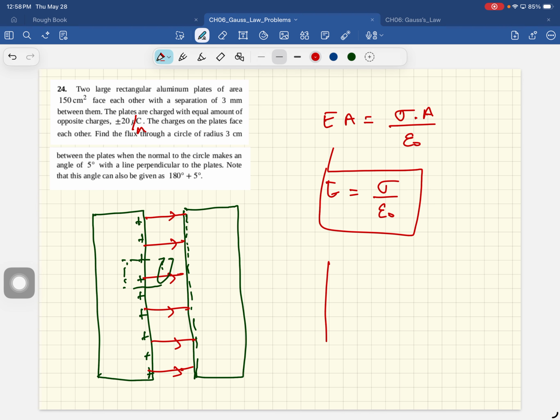So the area lies in the xy plane. So this area vector, can you give me the vector form of this area vector? What is the magnitude? Pi r squared.